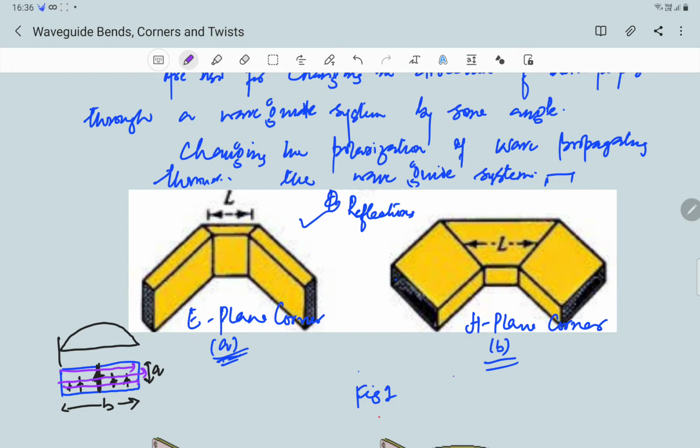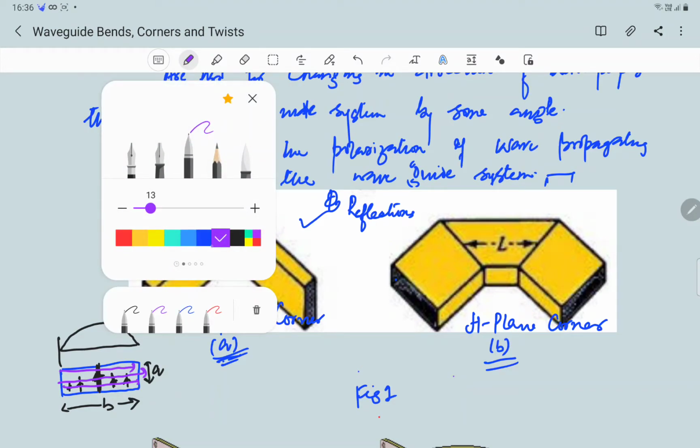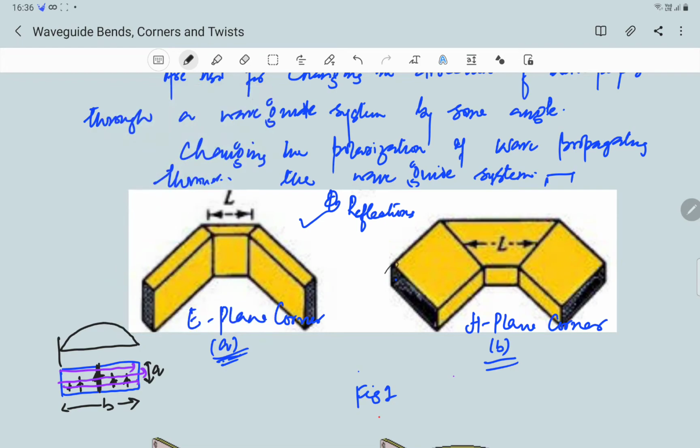So if we look at this cross section, our electric field again, for TE10 mode, would be like this. But the magnetic field would be perpendicular to it, in this direction. So if we look at figure B, the plane of the magnetic field is the same as the plane of this corner.